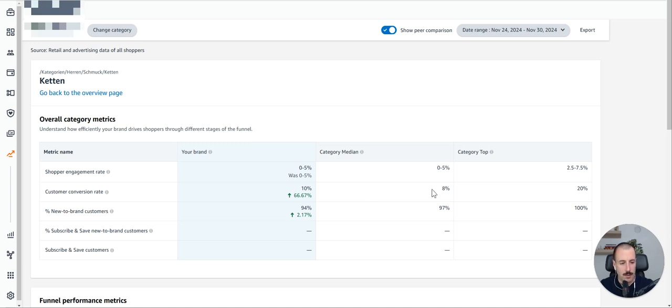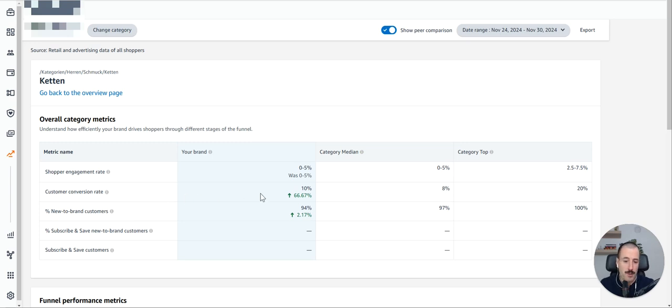From 8 to 10% can be a huge difference in money gained. For example, if you have on average 10,000 clicks and your average order is around $40, the math says that can easily be 10 to 15, even $20,000 just by increasing from 8 to 10%. So it's not just a difference in two digits, you get what I mean.